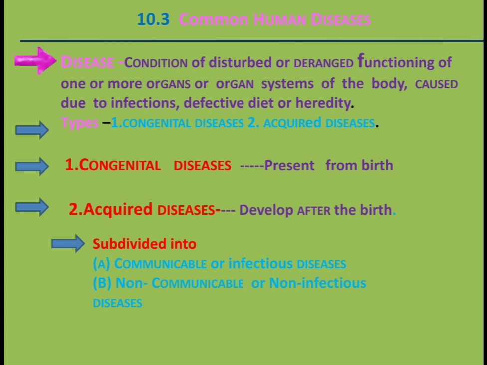All human diseases can be broadly categorized into congenital diseases and acquired diseases. Congenital diseases are present from birth. They may be caused by genetic abnormality or metabolic disorder.